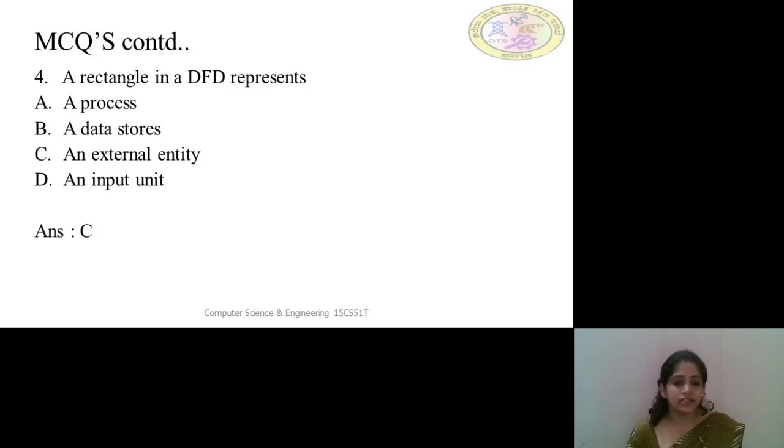The external entity will also have attributes related to it. Usually the process is represented in an oval shape, and data stores are represented in the form of databases. So the rectangle shape is basically used to represent an external entity in the data flow diagram. So the best option here is option C, that is an external entity.